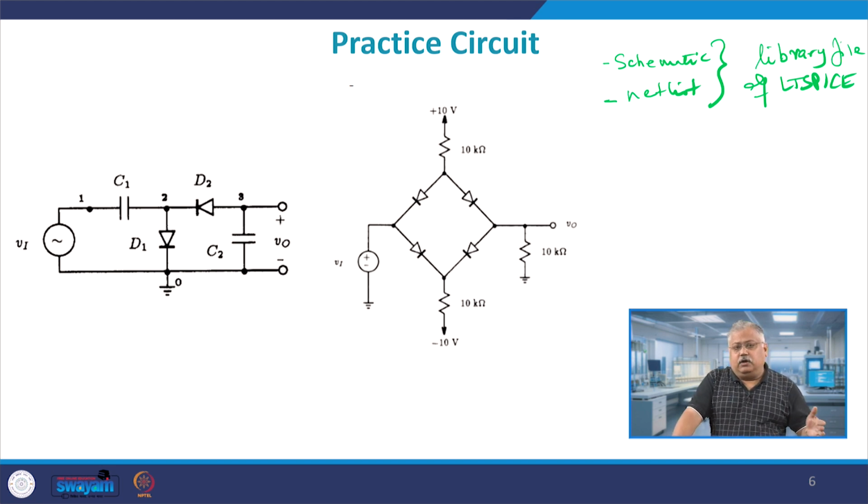Is it a Zener diode, or an ordinary diode, or a varactor diode, what type of diode it is, what type of capacitors are there, what is the mean value of the capacitor, what is the tolerance of the resistor, what is the mean value of the resistor, right, and try to emulate this circuitry from the diode equation which we get. If you look carefully here, you will see that this is basically a rectifier circuit which you can work along, and I will leave it for you to work on this practice circuit in a detailed manner, right.